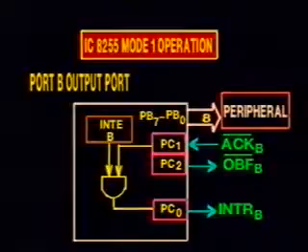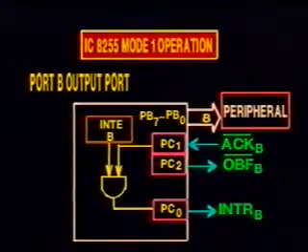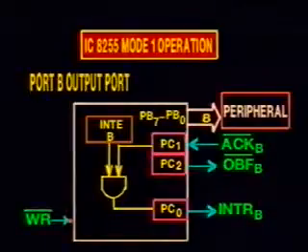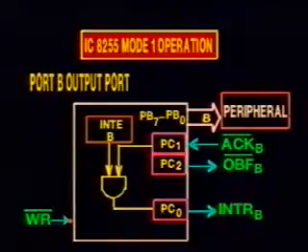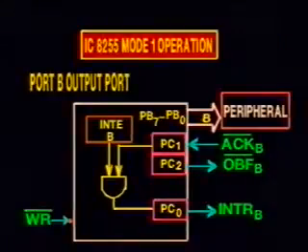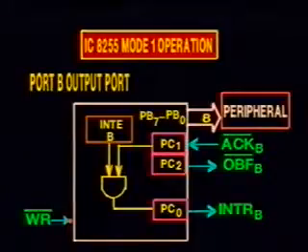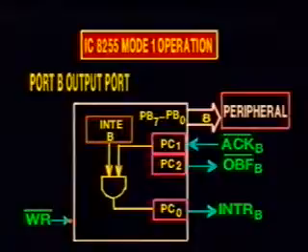When the CPU is ready with a byte of data, it writes into port B. In response, the 8255 lowers its output buffer full signal. The peripheral, sensing this, reads data from port B. After reading, it lowers the acknowledge signal.